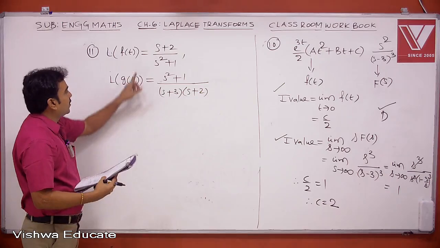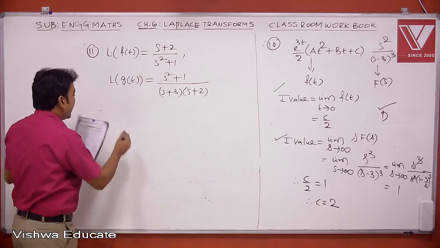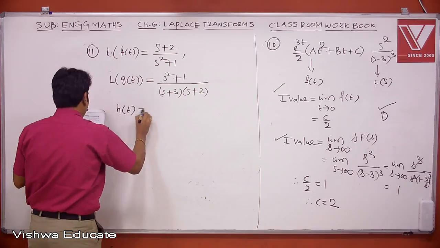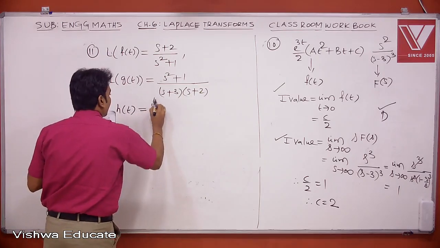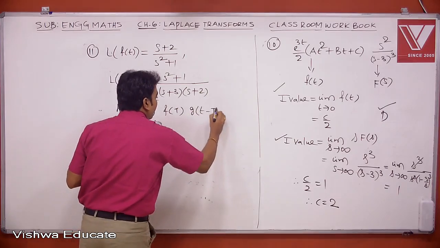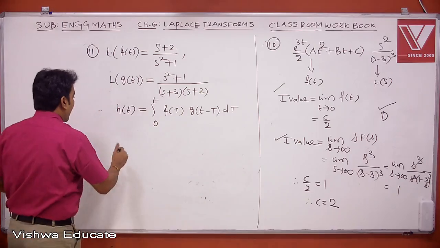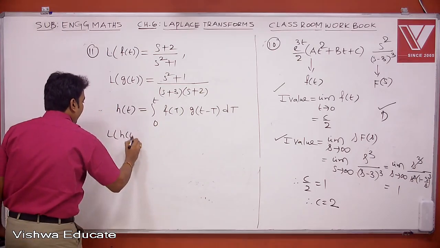So this is the Laplace transform of f(t) and this is the Laplace transform of g(t). h(t) is given like this: h(t) is the integral from 0 to t of f(T) g(t − T) dT. Then they were asking for the Laplace transform of h(t).